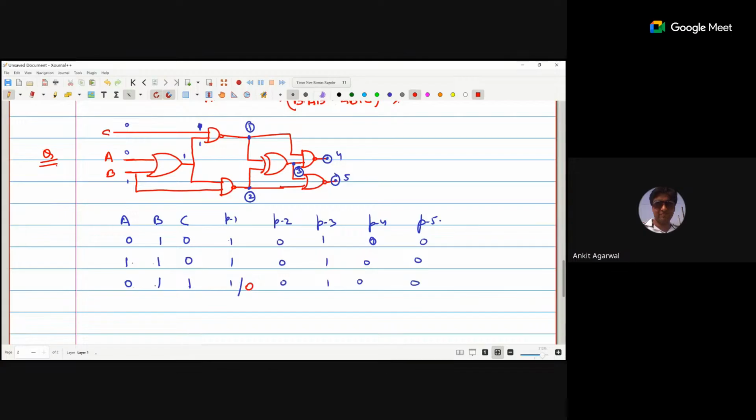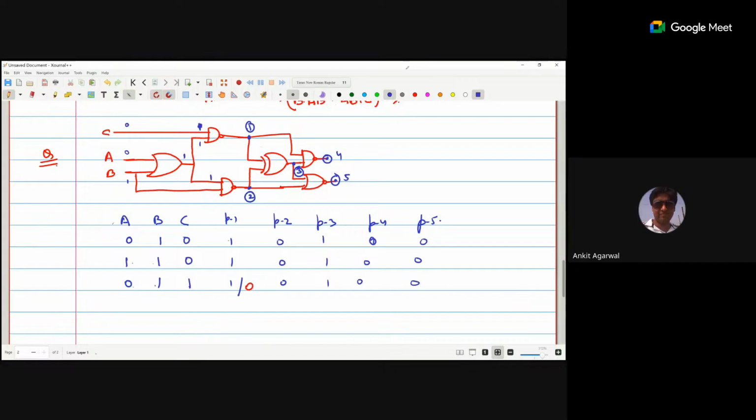Can you check the last condition? What is the P1? Similarly for A and B, 1, 1, so every time this is 1.